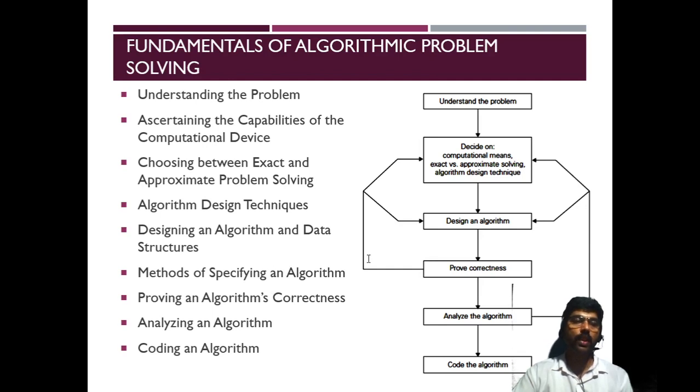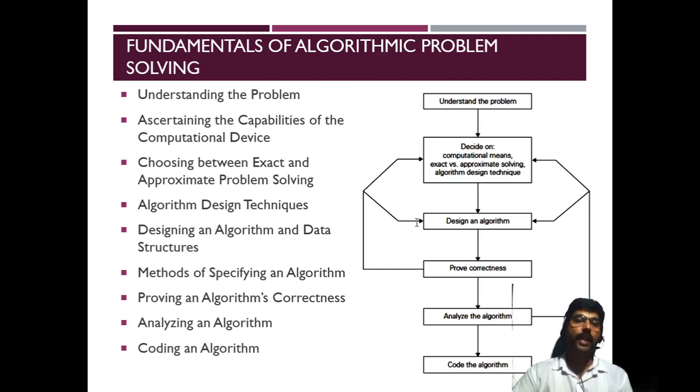The next step is called methods for specifying an algorithm. Whenever you specify an algorithm, there are two methods. The first method is natural language. Natural language contains ambiguity that makes algorithms difficult to understand.